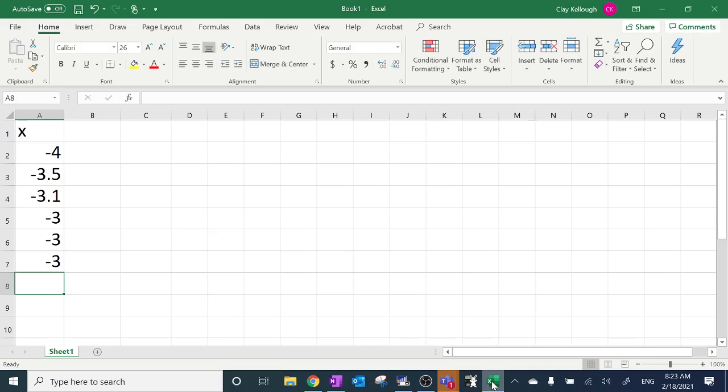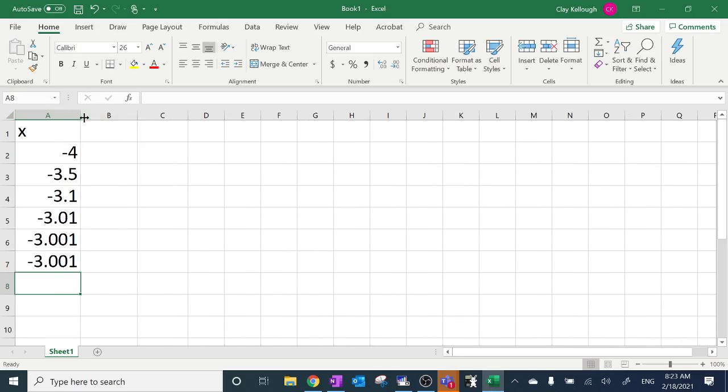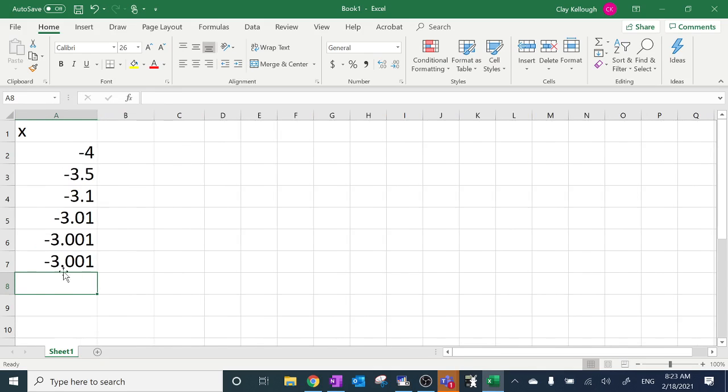Oh, hang on, I have to make that column a little wider. There we go. And this one should have an extra 0. Let me put another 0 in there. To change a number, just go up to the formula bar like I just did. Or you could just type right over it.